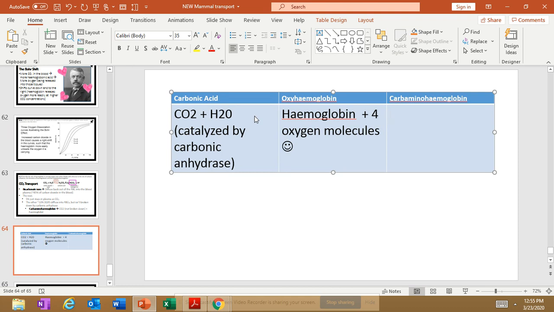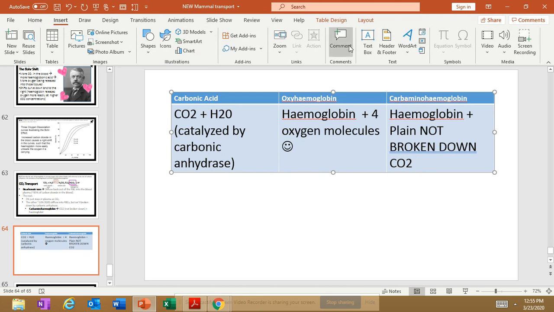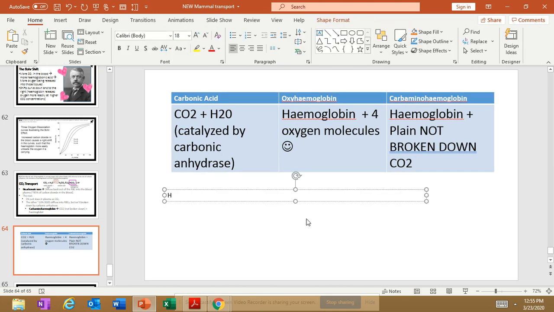Carbaminohemoglobin is hemoglobin plus plain, not broken down CO2. And I actually want to add one more. I know this isn't super scientific, but I forgot about hemoglobinic acid, which is hemoglobin plus those hydrogen ions left over from that big reaction.